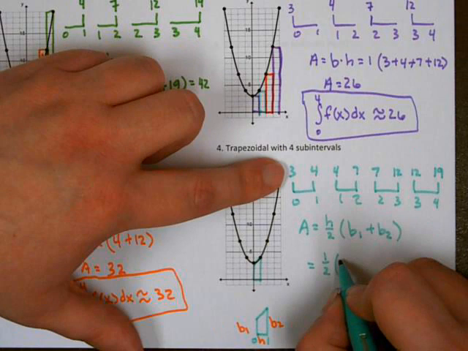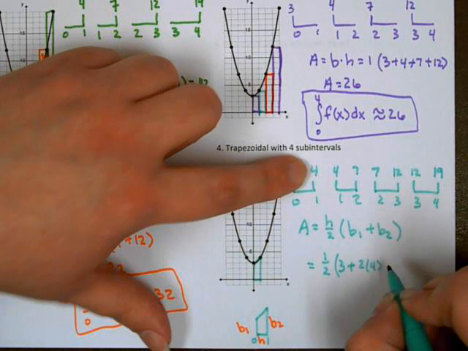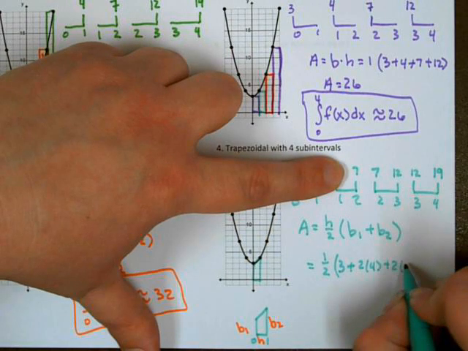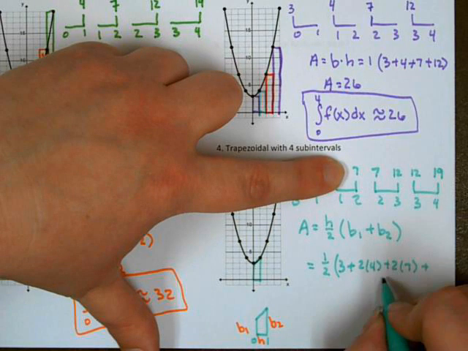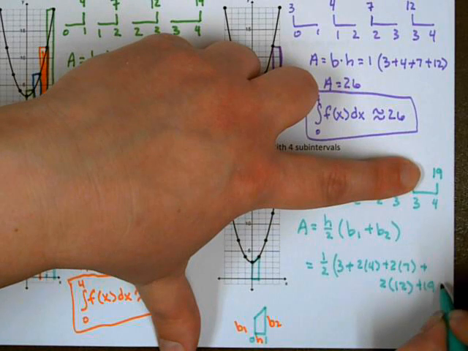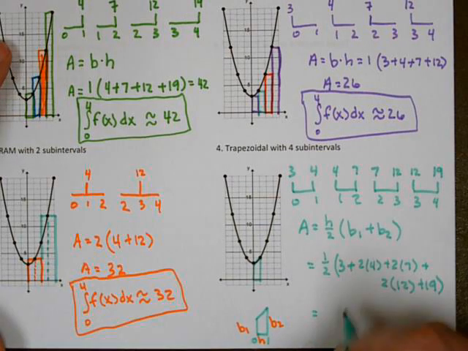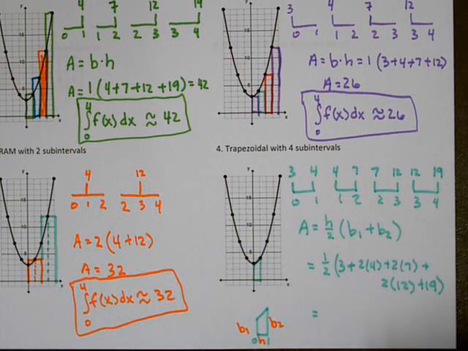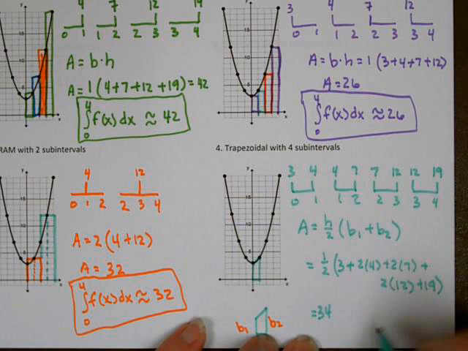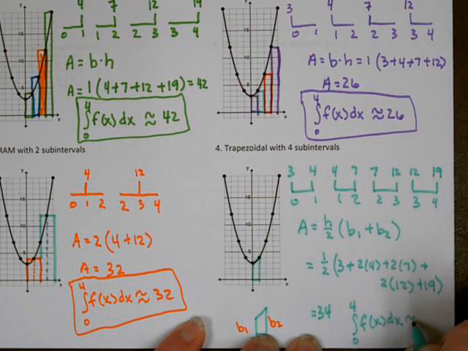So I have 3 plus 2 4s, and then 2 7s, 2 12s, and then a 19. If we add all of that together, we get that the area comes out to 34. So the integral from 0 to 4 of f of x dx is approximately 34 when we use the trapezoidal.